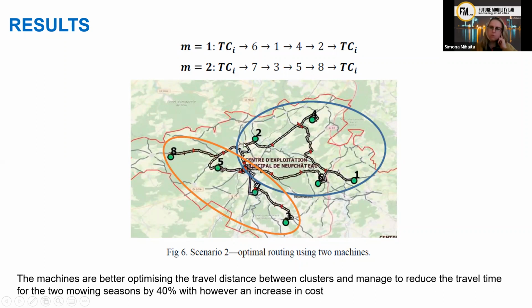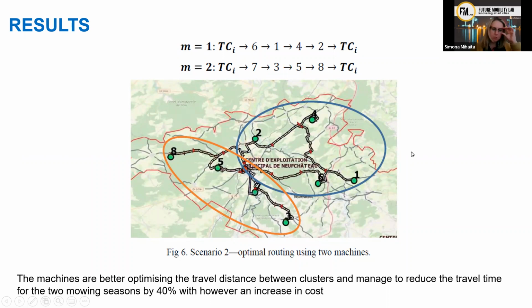So this would be the first area that machine 1 would do. And then the second one would be from 7 to 3, going back to 5, and then 8, and back to the technical center. So we have two machines operating in different parts of the region, and they're optimizing the travel distance much better.